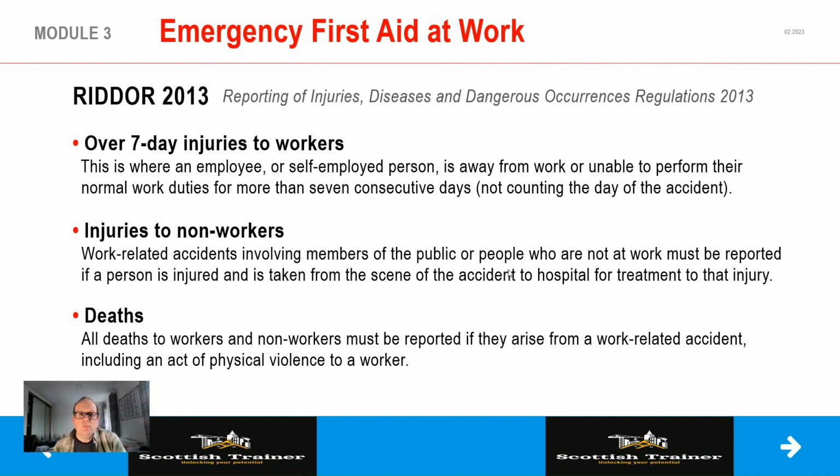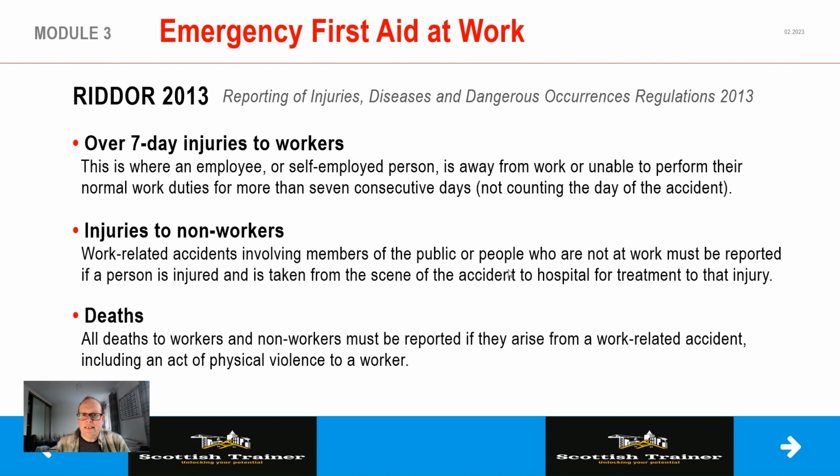So in this module, we've covered a little bit about the legislation that we need to know about, risk assessing the workplace, and how many first aiders we should have. We've also had a little look at accident reporting, whether that be internally to our own people or the HSE guidelines.